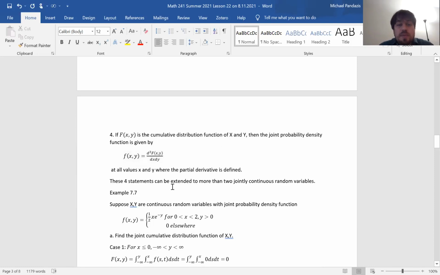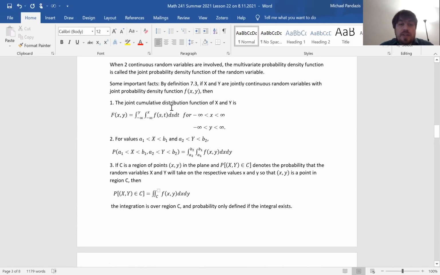Okay, these 4 statements can be extended to more than 2 jointly continuous random variables. In this case, I considered 2, where x and y are jointly continuous random variables with PDF f of x comma y. Instead of choosing 2, we could choose 3 or 4 or 5 or any finite number.